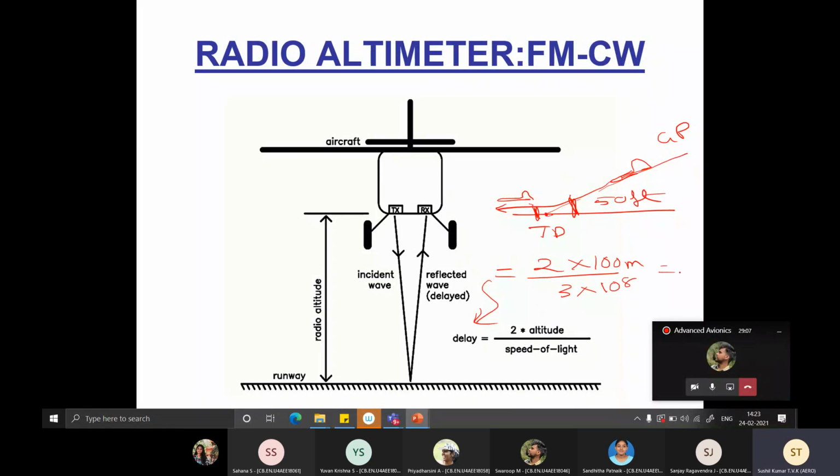Can you just approximately tell me what the time is? Conventional radar, as we have seen, is a pulse, microseconds. Pulse, then we have repeated pulses at PRF, and it's going to be in microseconds, right? So what is the problem now?